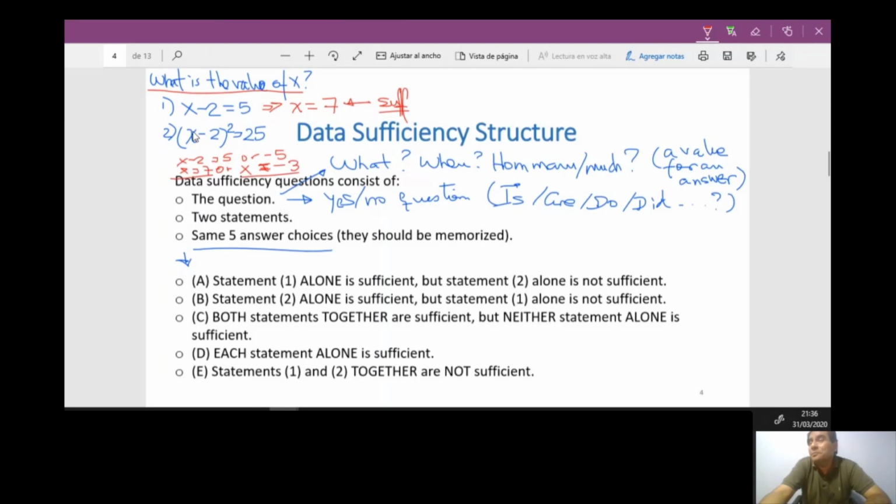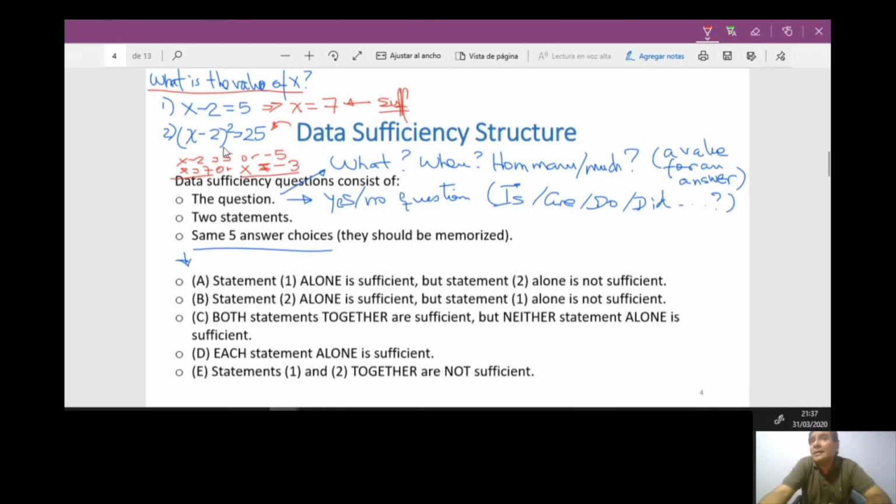If you don't remember very well how to solve this expression, which is called a quadratic equation, don't worry, because we will come to that at a later time. But for the time being, just know that statement 2 affirms that x could be 7 or -3.